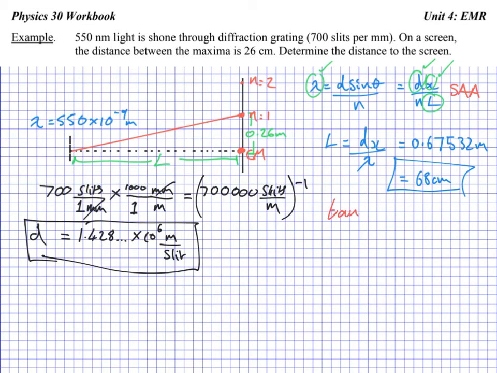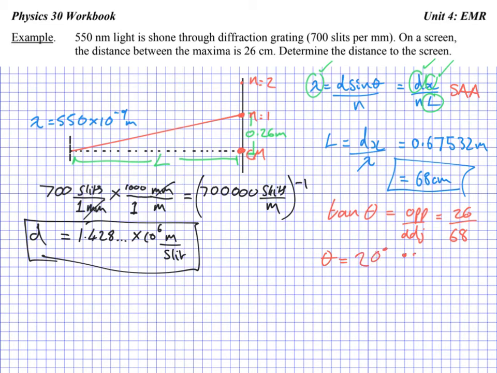Tan of the angle, hopefully it's less than 10 degrees, is the opposite over the adjacent. That means it's 26 over, let's just put 68, and then inverse tan. So my angle, if I plug that in, ends up being 20 degrees.